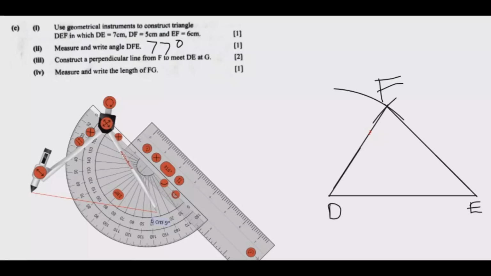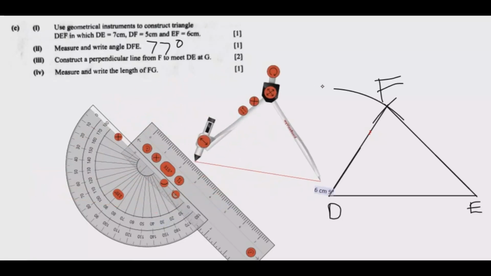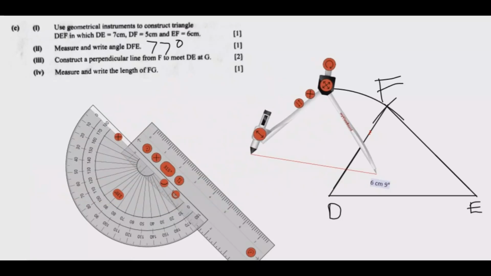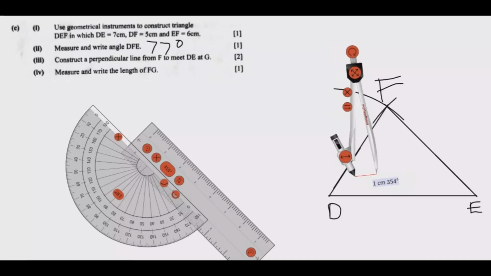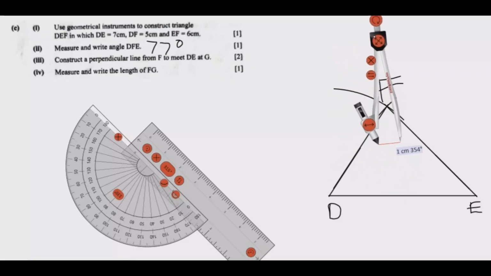To construct the perpendicular line, I'm going to reduce this to 1 centimeter. Oh, that's 1.1, but it doesn't matter, as long as it's close to 1 centimeter, it's also fine.